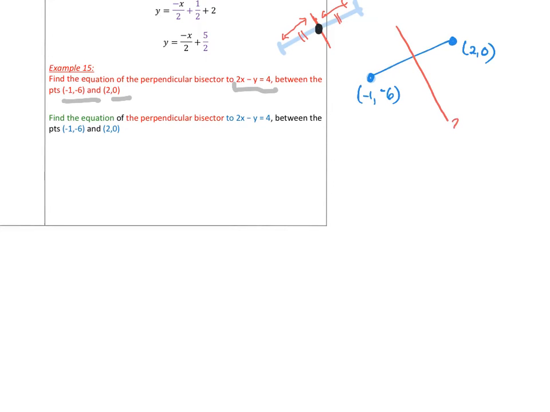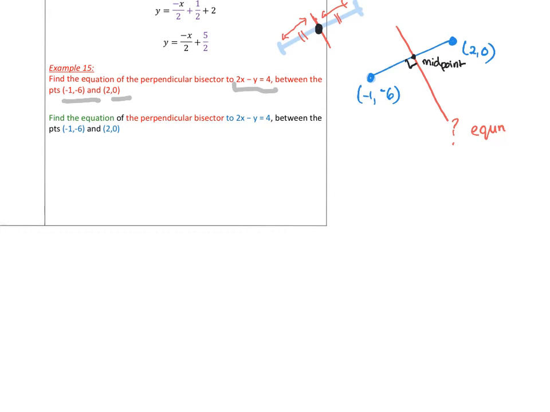They've told me it's a bisector, so I know the gradient. I could work out the gradient, and also I need to find c. So I need a point to find c, and I'm going to use that midpoint to find the line.